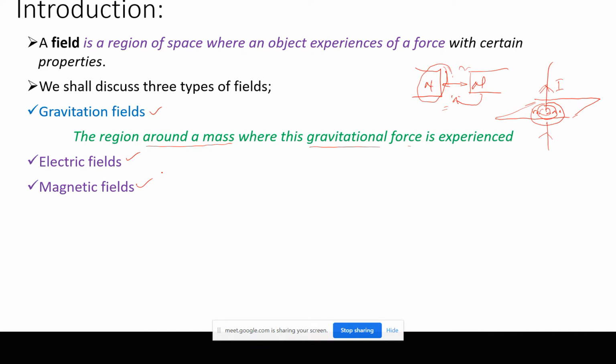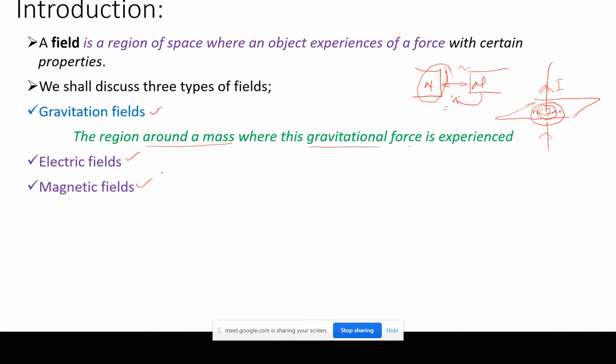The moon is in the region of the Earth's gravitational field. That means the gravitational field of the Earth extends as far as the moon, causing that force of attraction between the moon and the Earth. By the way, the gravitational pull of the Sun is just enough to keep all the planets in their orbit around the Sun.